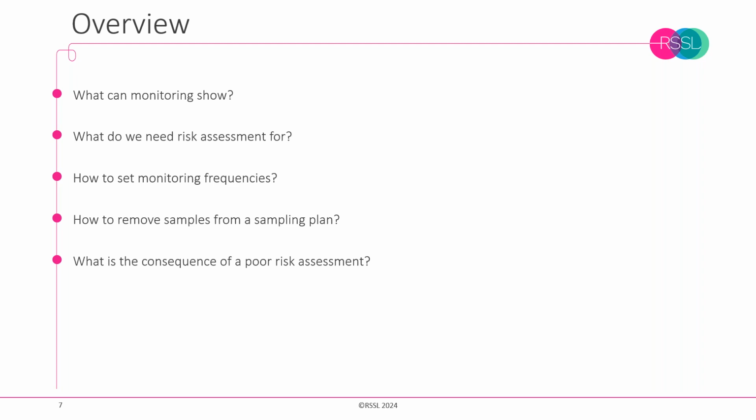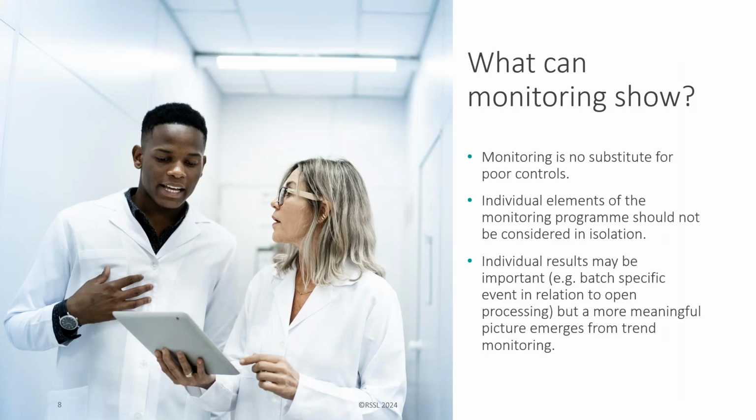Before we get into the aspect of the monitoring frequencies, I think it's important to pause and consider, what are we trying to do? What can monitoring actually show and tell us?